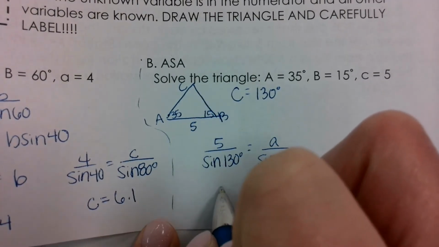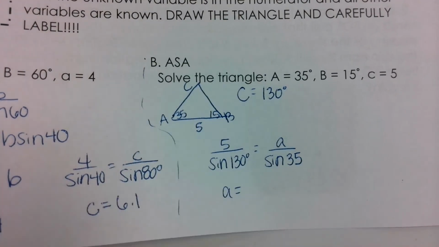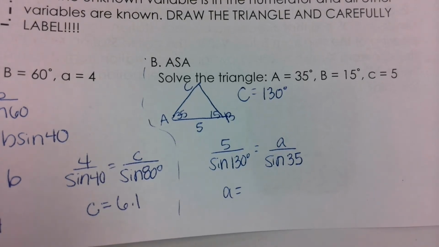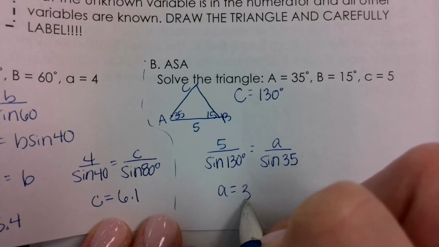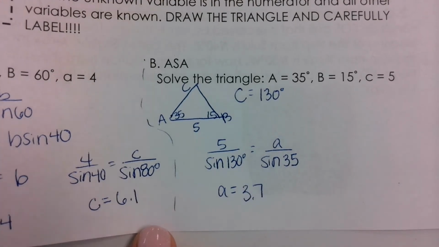And then we'll cross multiply and solve for A there. Yes, we should be in degree mode for these. And what do we get for A? 3.7, that okay? Do you have any questions right now?